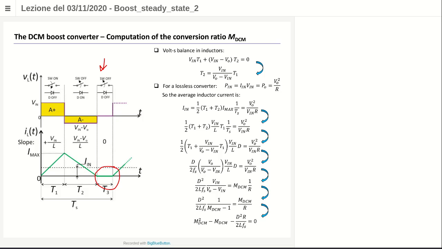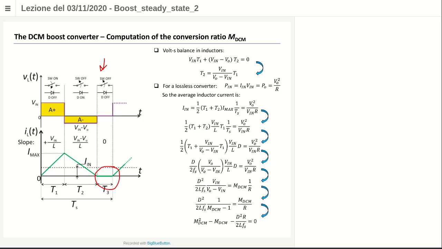So the presence of a right half plane zero always increases the possibility to go into instability. It's very difficult to stabilize for that specific reason. I repeat, we will learn in a future lecture. In DCM, there is no right half plane zero, leading to a closed loop function that is easier to stabilize.